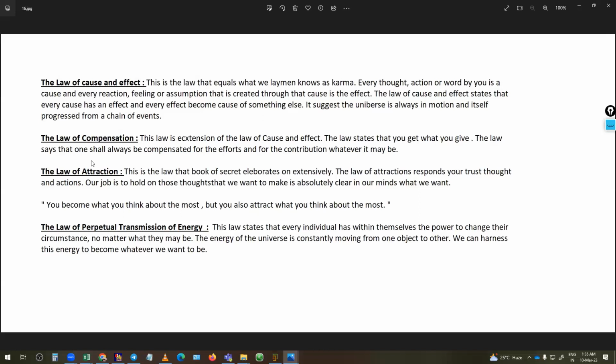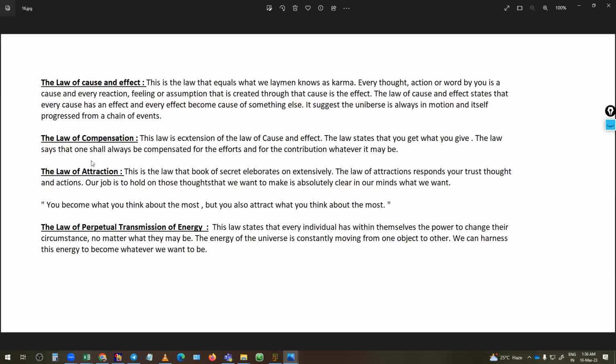Our job is to hold onto those thoughts that we want, make it absolutely clear in our minds what we want, and from that we can start to invoke one of the greatest laws in the universe. You become what you think about the most, but you also attract what you think about the most. Okay.